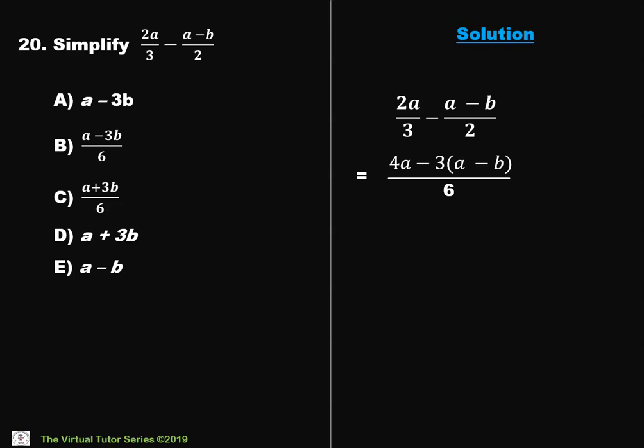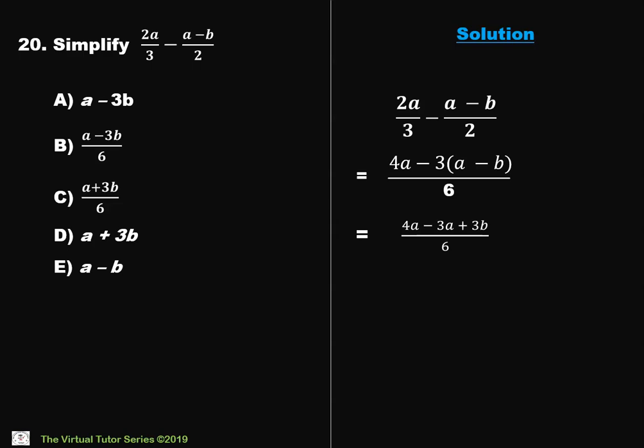We expand the bracket by multiplying negative 3 by a and negative b. Negative 3 by a is negative 3a, and negative 3 by negative b is 3b. So we have 4a minus 3a plus 3b all over 6.